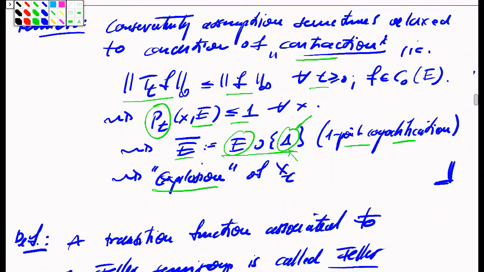That would be the case of what is later called an explosion of the Markov process, which means that it leaves the initial set E in finite time with positive probability. But typically we will not have this generalized case. Typically we will have a conservative case, where it is not necessary to consider this additional point. But the theory is still extendable to such a situation.